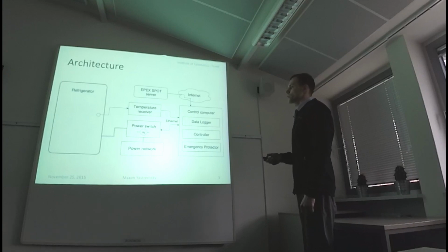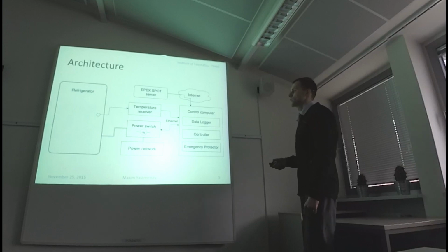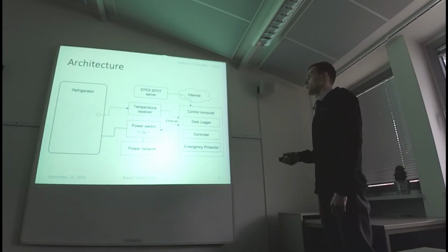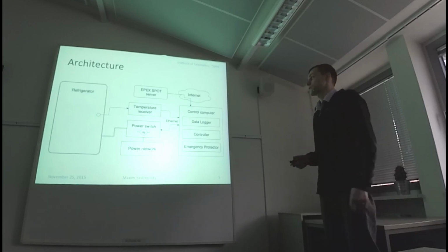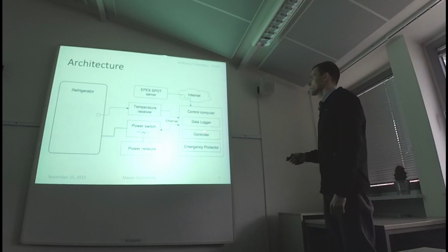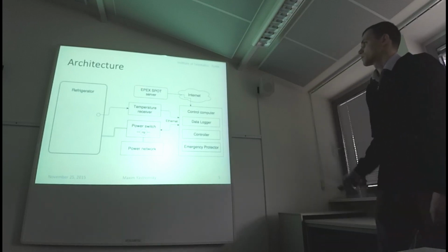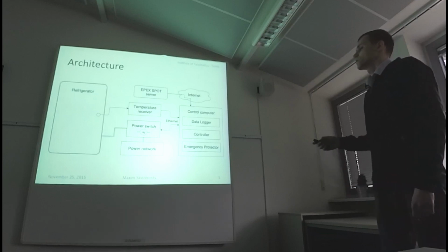The power switch controls the power of the refrigerator and additionally measures the frequency and other parameters of the network. They are both connected to the control computer, which runs the controlling programs, and it also has access to the internet in order to get the EPIX spot prices. That's basically the whole architecture.